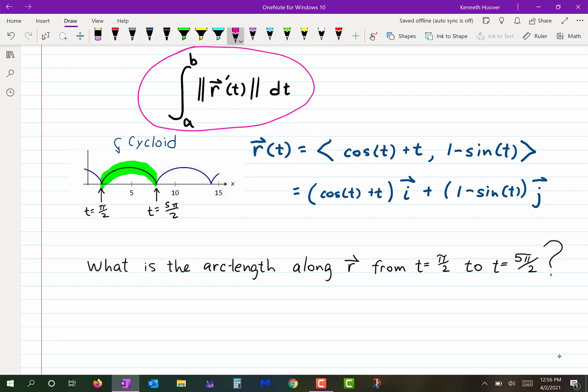So we're going to integrate the magnitude of r prime. Let's write down r prime and let's find its magnitude.